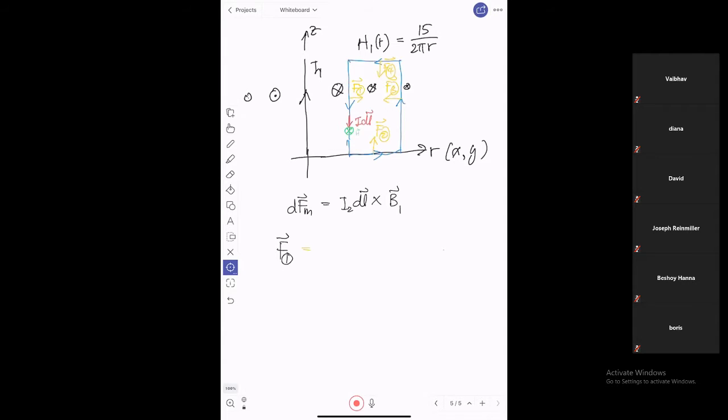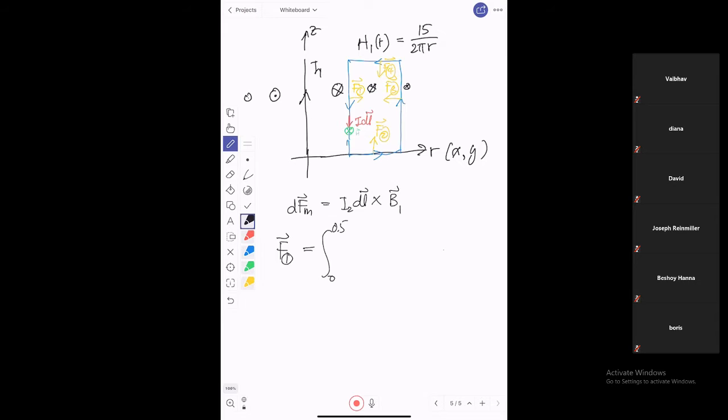This is where the height is 0, and here I can set it as a reference. So from 0 all the way to 0.5. Basically, it's equal to the sum from 0 to 0.5 meter, right?